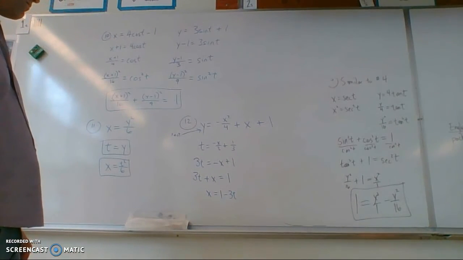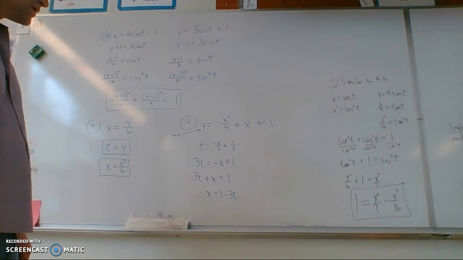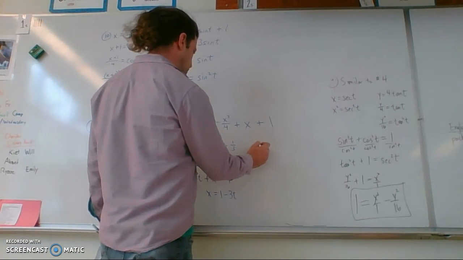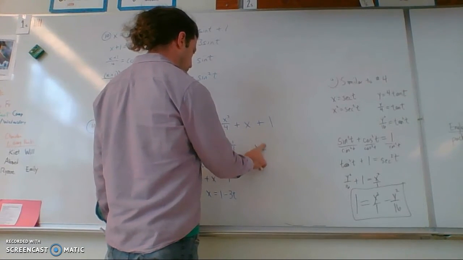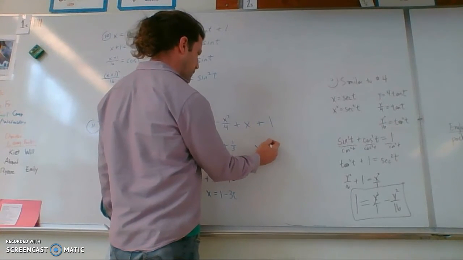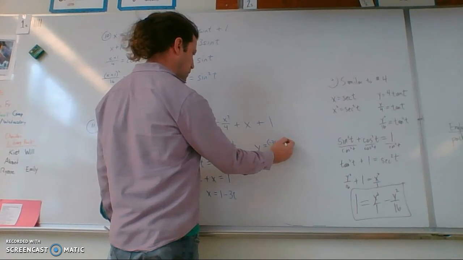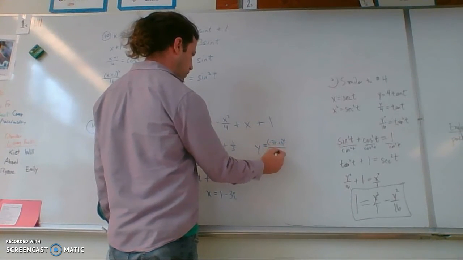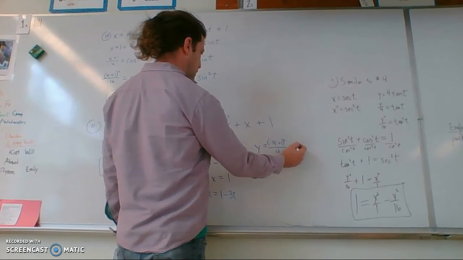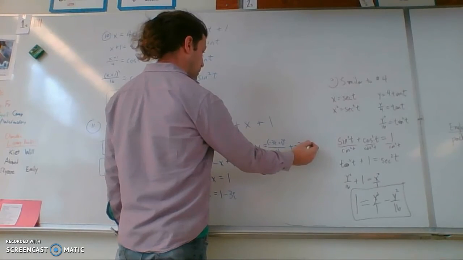So now I could plug that into the top equation, perhaps, and get y equals, maybe I should put it as negative 3t plus 1, squared over 4, plus negative 3t plus 1, plus 1.